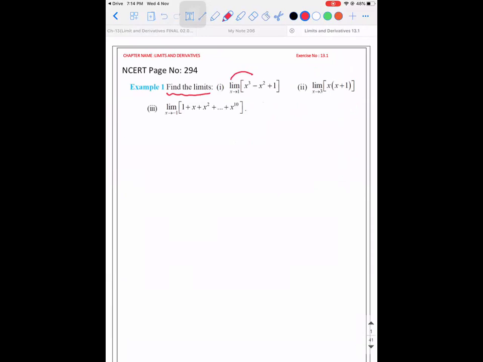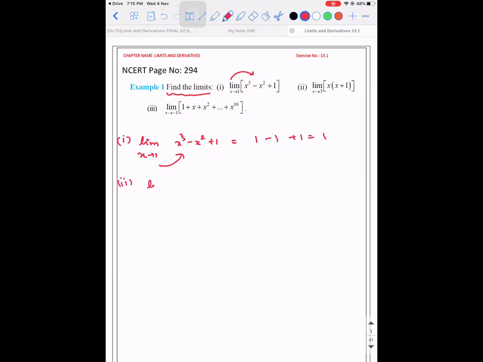For example, limit x tends to 1 of x cube minus x square plus 1. You can just take this 1 and substitute it here. You need not sit and calculate the left limit and right limit. Left and right limits are calculated only when you need to find whether the limit exists. So what is the limit as x tends to 1 in this case? 1 minus 1 plus 1. Answer will be 1.